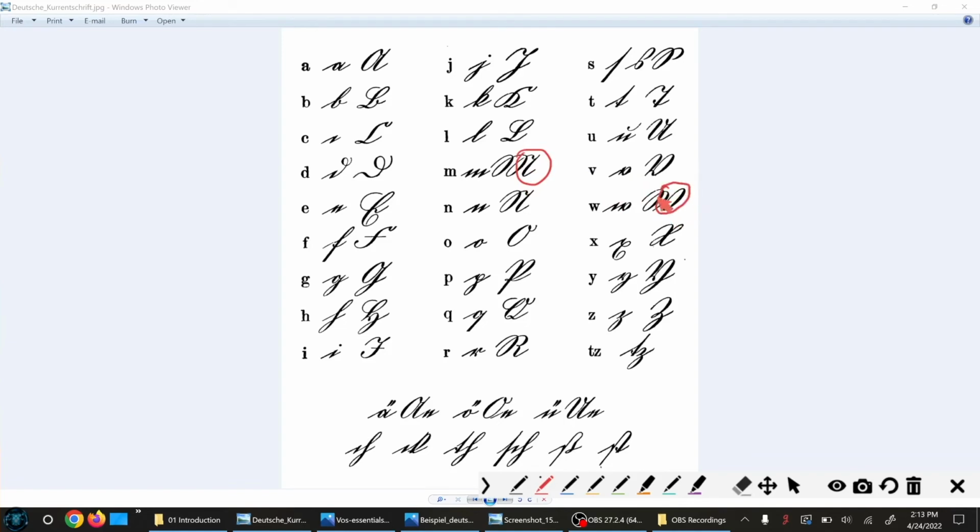So if we're looking at that right there, that's kind of what tells us if it's an M or if it's a W. The letter X is what it is. It looks like a cursive X. The Y, the Z, and then sometimes the H, just depending on what you're looking at.